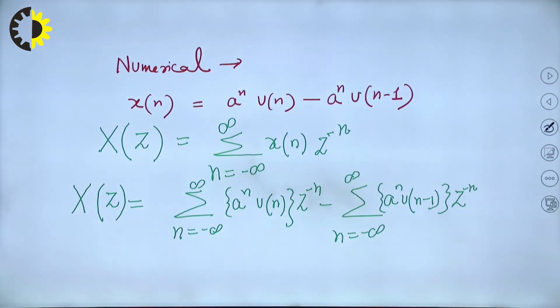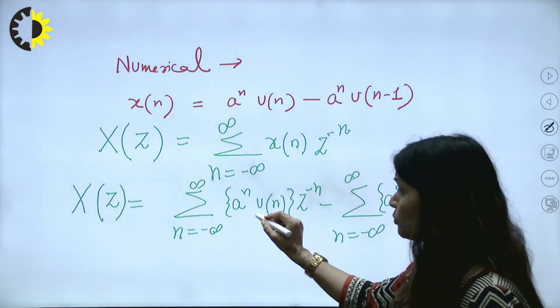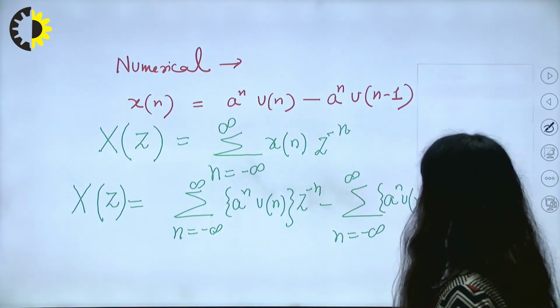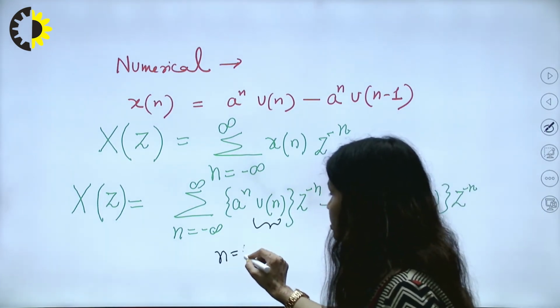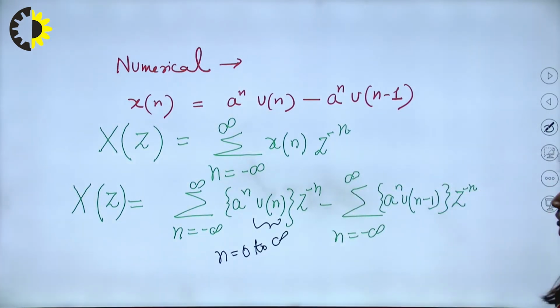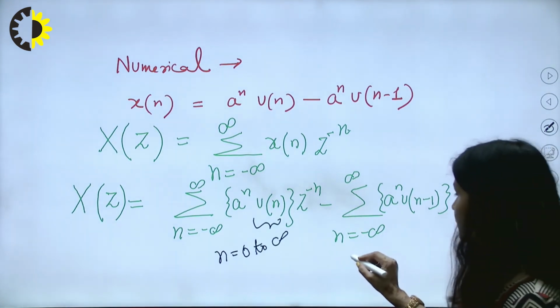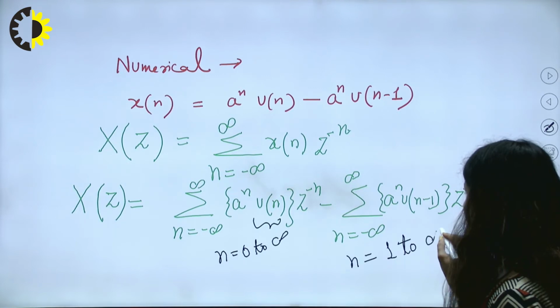So let us solve this. The first u[n] is 1 from n equals 0 to infinity. The second u[n minus 1] is 1 from n equals 1 to infinity.